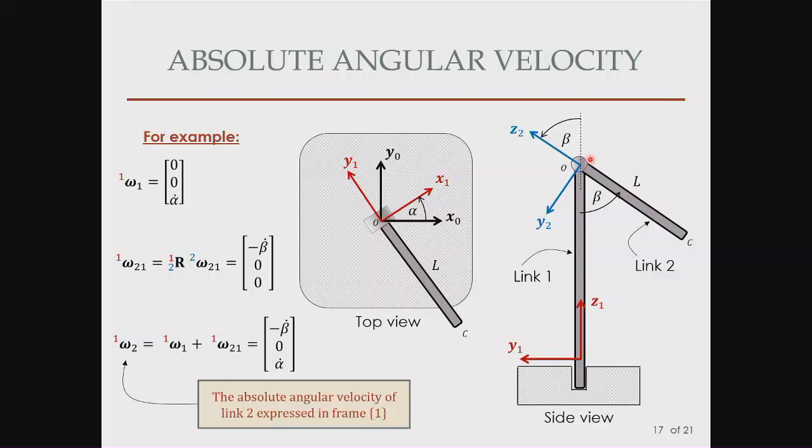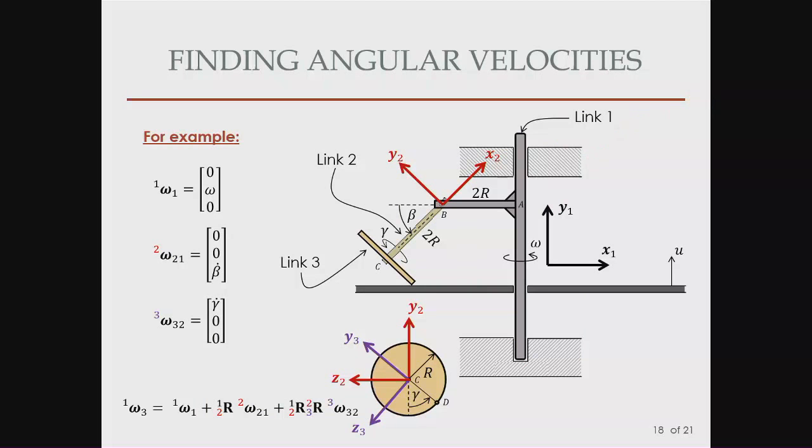What we will do now is the next example. The question here is to find the absolute angular velocity of the wheel. Notice which frame is attached to the wheel? Frame 3, right?